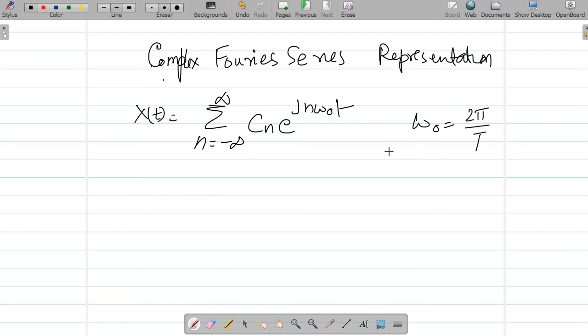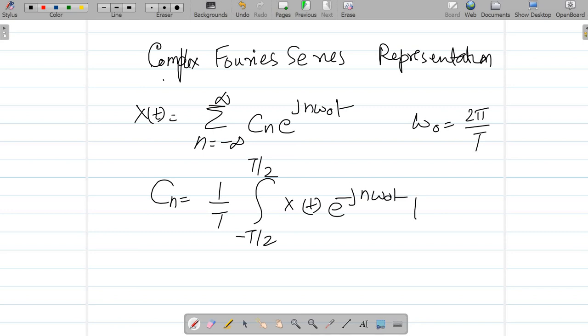We can take the same signal itself, the rectangular pulse train. For that, the time period was found to be T, so omega naught will be 2 pi by T. I need to evaluate the Fourier series coefficient, which is nothing but 1 by T times the integral from minus T by 2 to plus T by 2 of x of t e to the power of minus j n omega naught t dt.